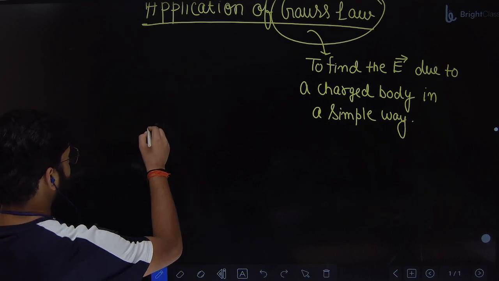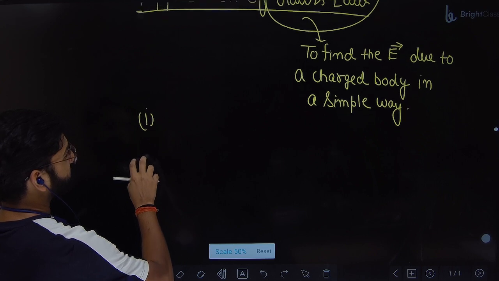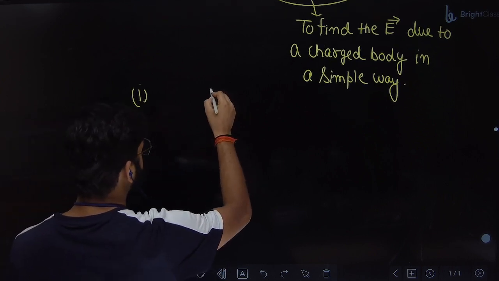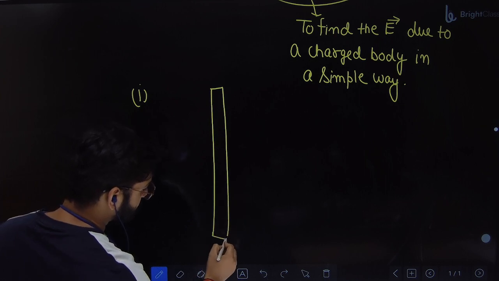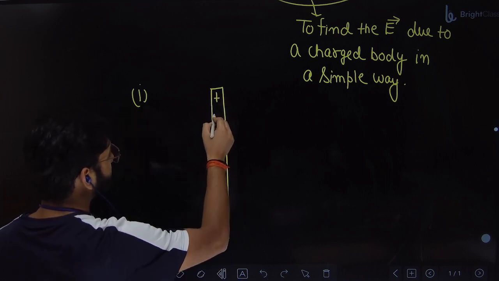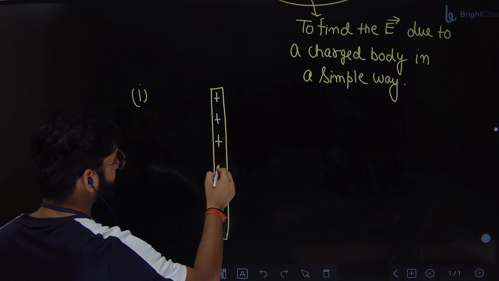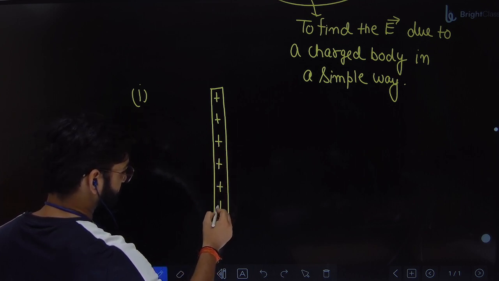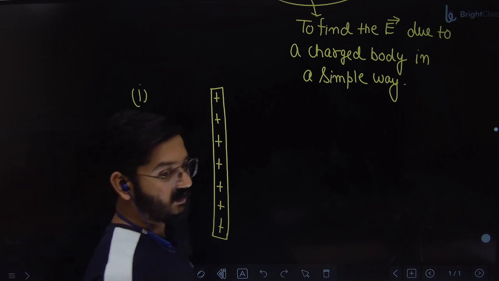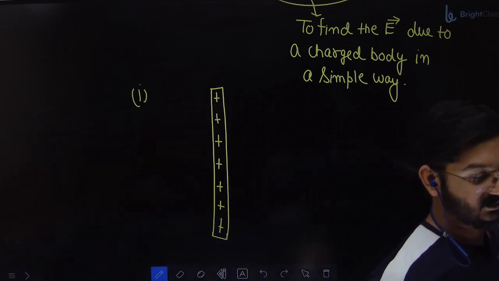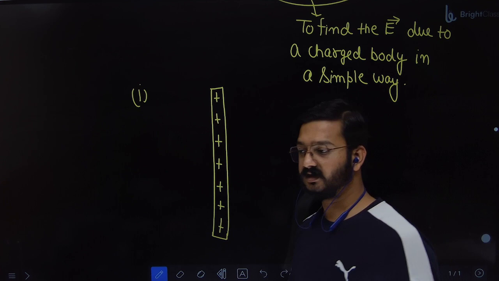So the first one is the electric field due to an infinitely long straight charged conductor.